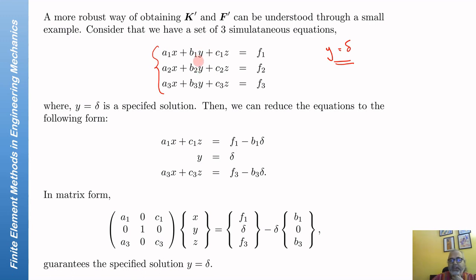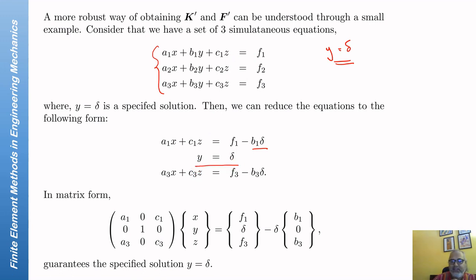I will say there are actually two unknowns, x and z. Y is not an unknown, so I'll take it onto the right hand side. The first equation will become a1x plus c1z equal to f1 minus b1 into delta, where delta is the specified value of y. The third equation will become a3x plus c3z equal to f3 minus b3 delta. And if you want to retain a second equation, that would be an identity, y equal to delta.